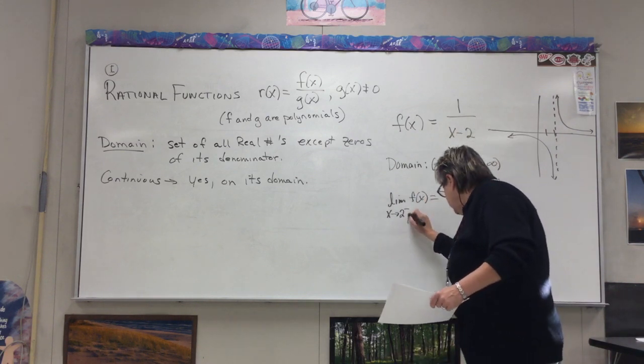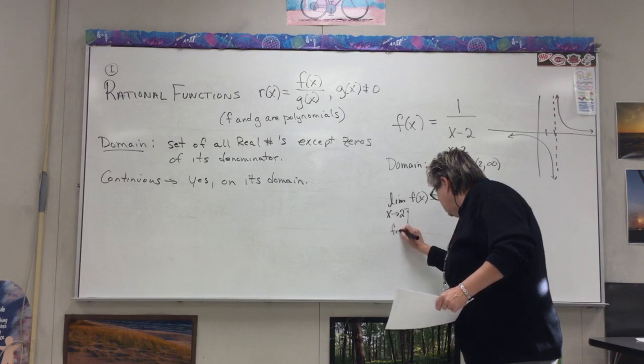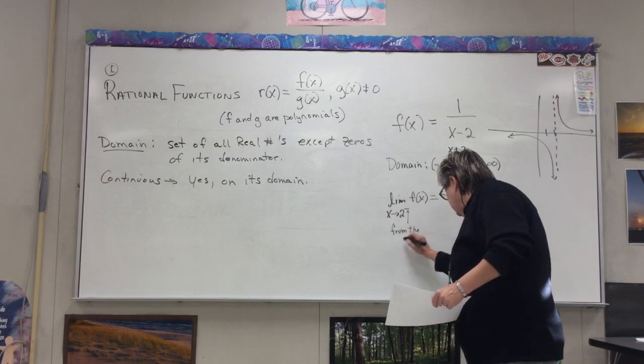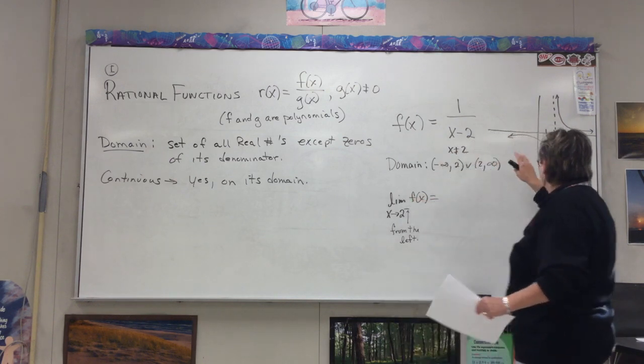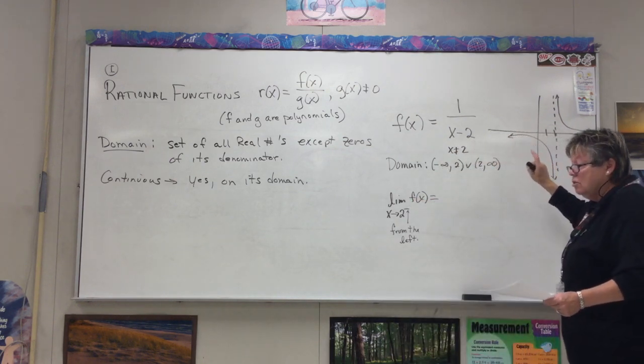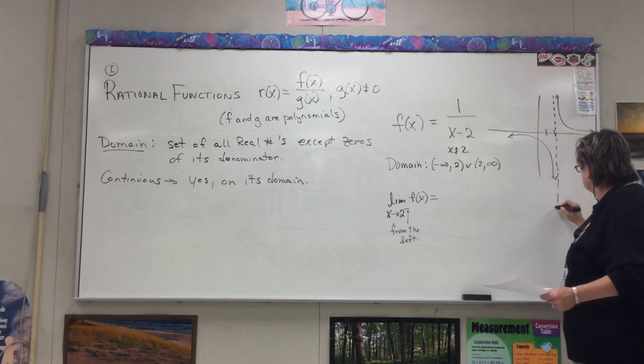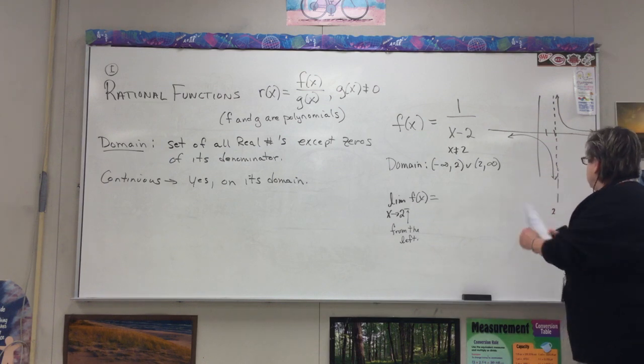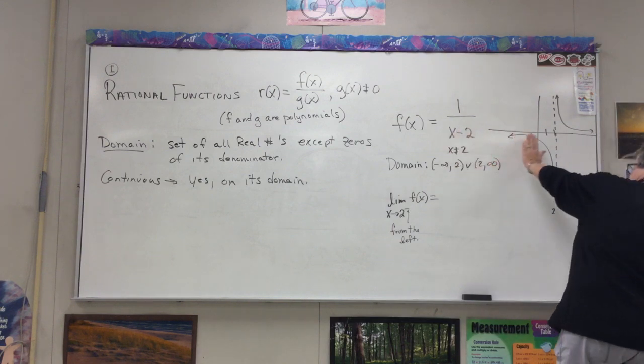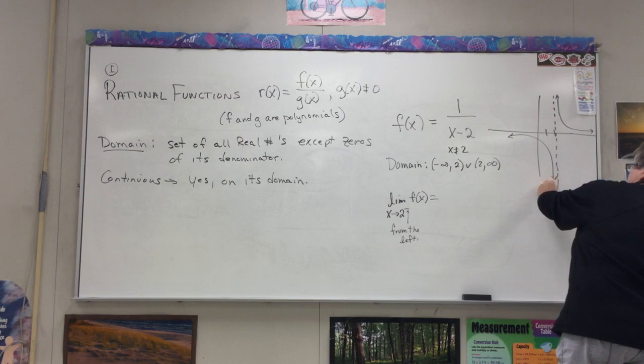Well, you have to understand this part here is from the left. So as x is approaching 2, this is x equals 2, from the left, so left hand, you're approaching this asymptote. What is your graph doing?